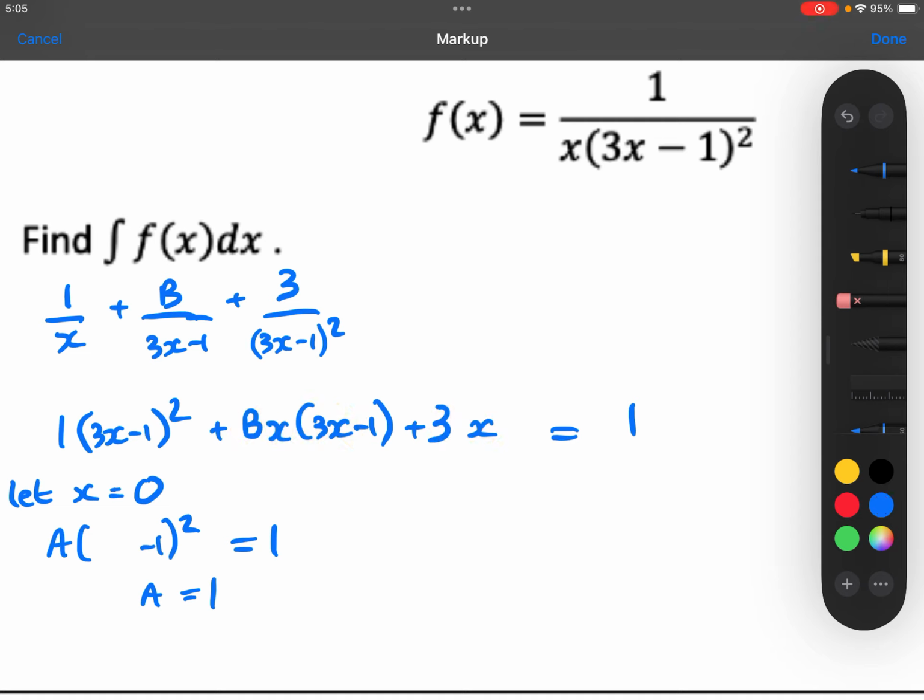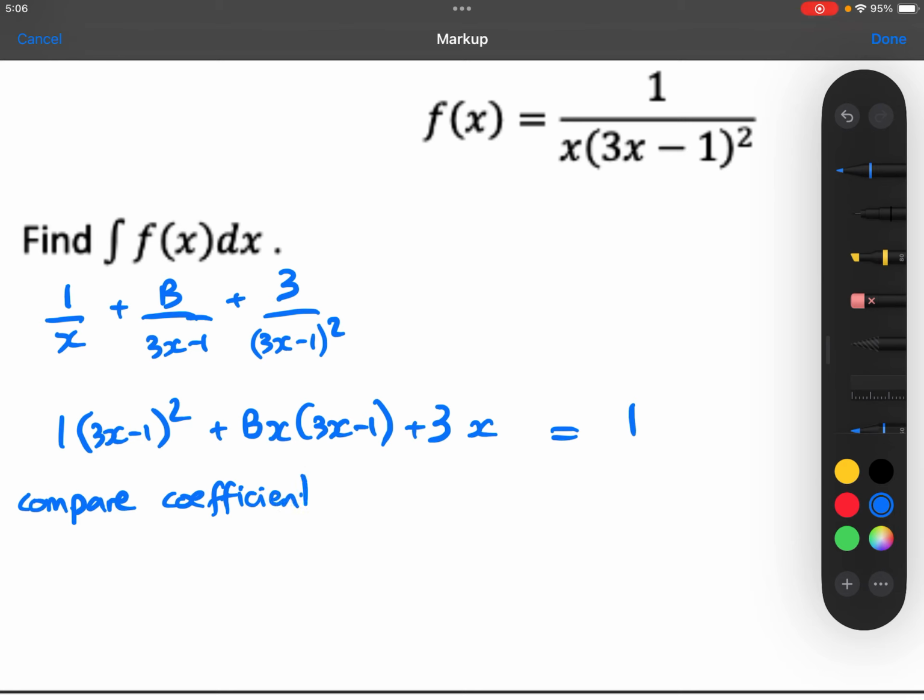Finally, we need to work out what b is going to be. And I'm going to do that by comparing coefficients of x squared. On the left-hand side, I would have a 3x times 3x, which is 9x squared, times 1.